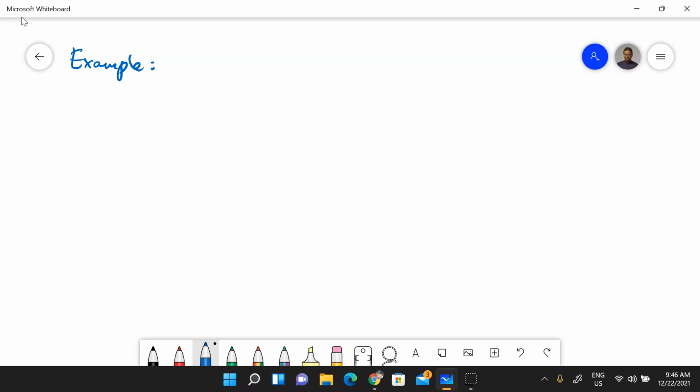Example here, you are given this function u, which is a function of three different variables: x squared plus 2xy minus y log z. So you can see now there's x over here, there's y, and also there's z there.